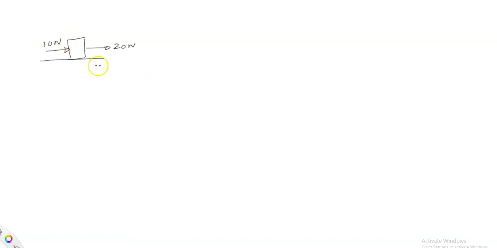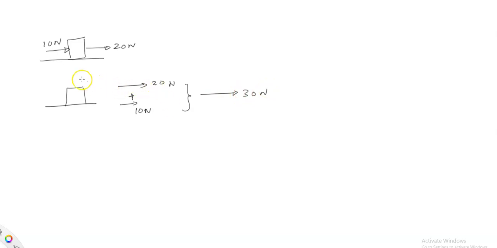Okay, so here we have two forces, two vectors in the same direction. What is the resulting force? We talked about this earlier when we discussed vectors. If the two vectors are in the same direction, 20 newtons and 10 newtons, you add them together, you get a larger force, 30 newtons to the same direction, right?